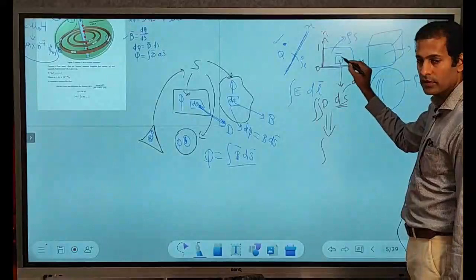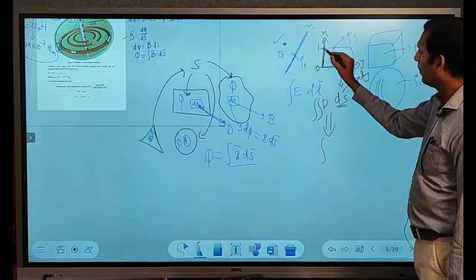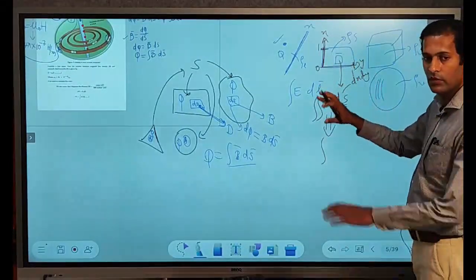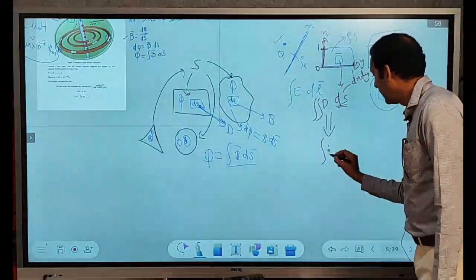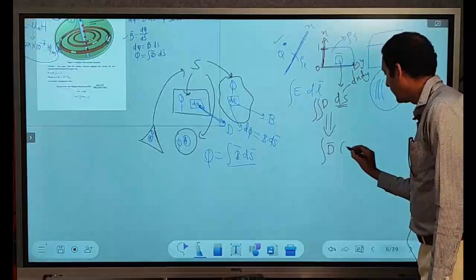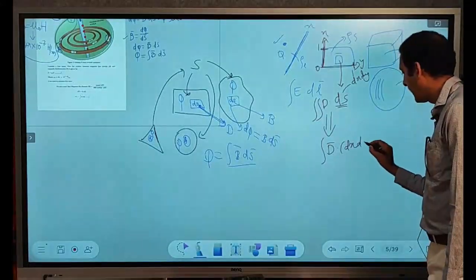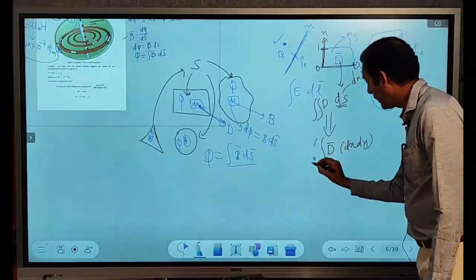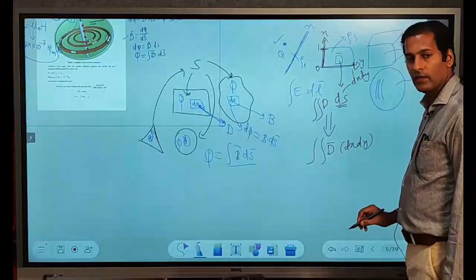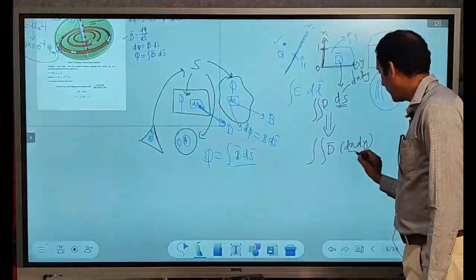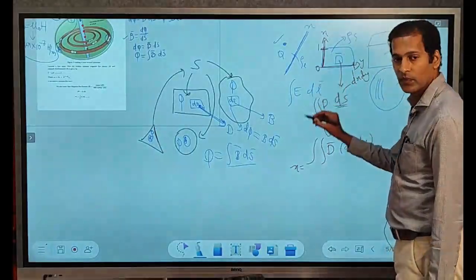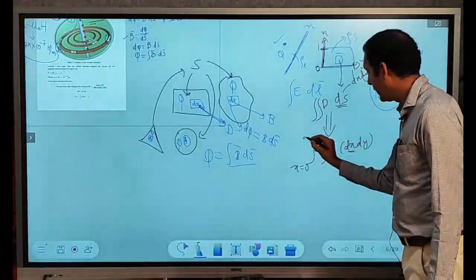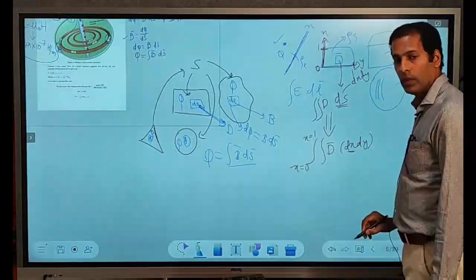What is this differential surface? This is nothing but a small differential x and a small differential y combined making one differential surface. So what can we write here? Say D bar into dx dy. What are the limits for x and y? We write them in the integration. For x, where is it starting? 0. Where is it going? 1.